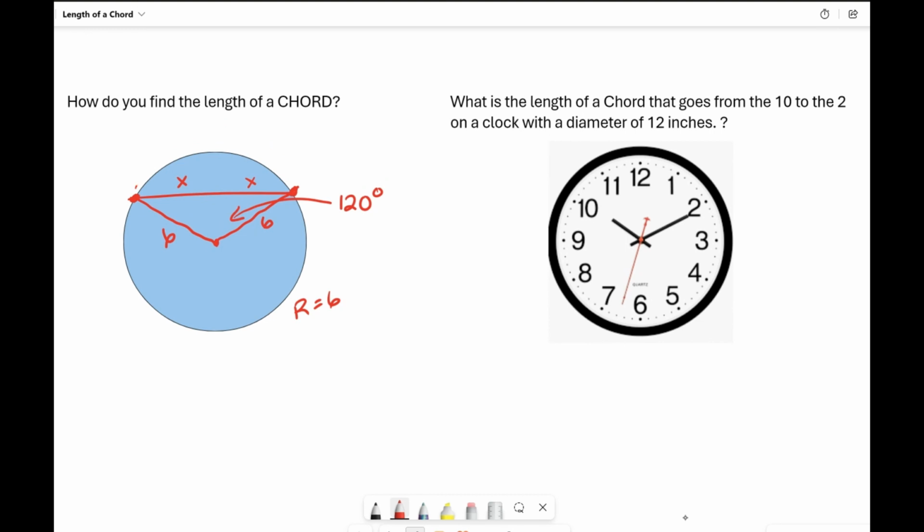All right, so how can we find the chord AB? Well, let me take this triangle out of here. So we know that this is 120, this is 6, and this is 6. And we're looking for this side.